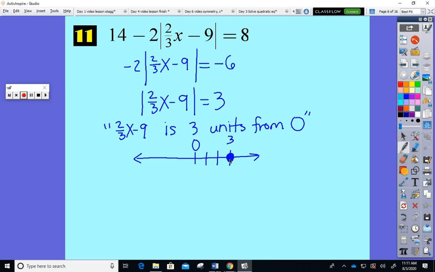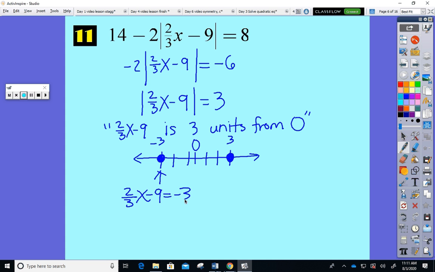So I could put it right there on the number line, or I could put it right here on the number line. Are you all with me on that part? Well, remember I'm saying it then could be at -3 or +3. So if I'm looking at that, it is 2/3 x minus 9.